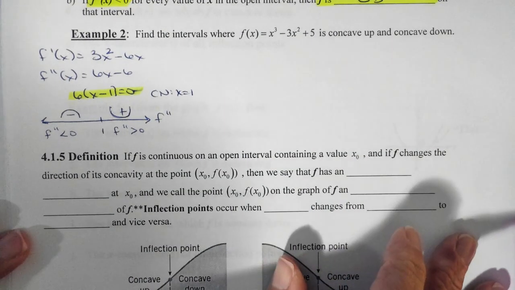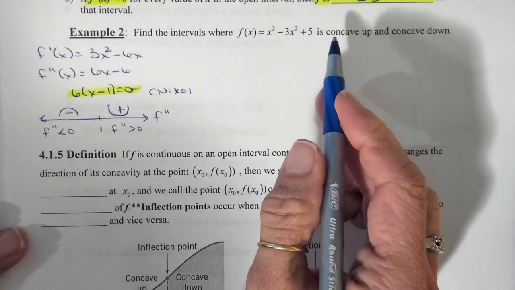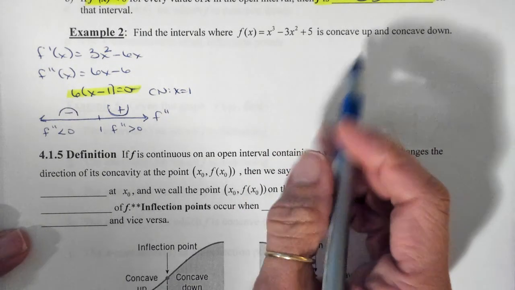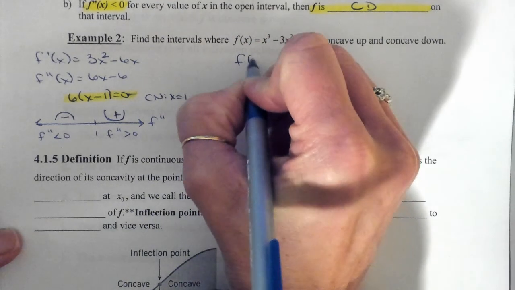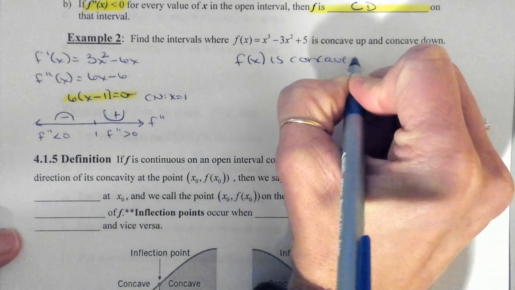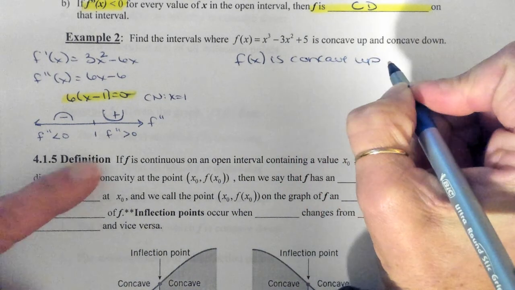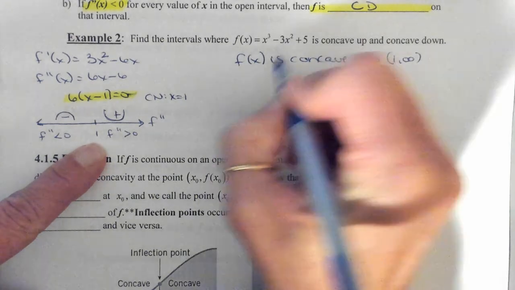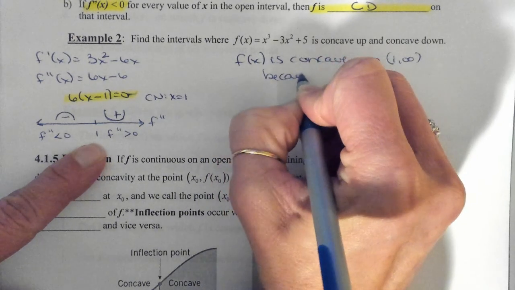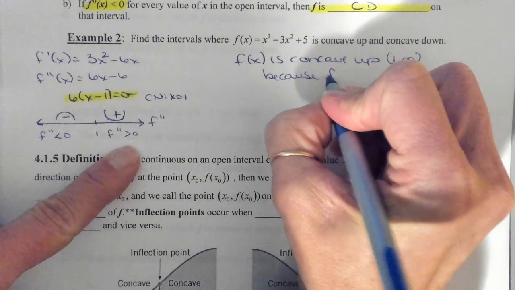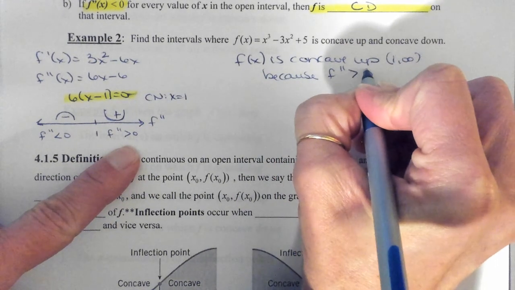Okay, so here we have to provide the interval or intervals over which f is concave up and concave down. So we could say that f of x is concave up from what, 1 to infinity? Because why? Yep, f double prime is greater than 0.